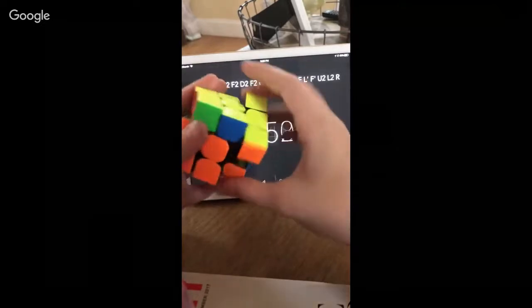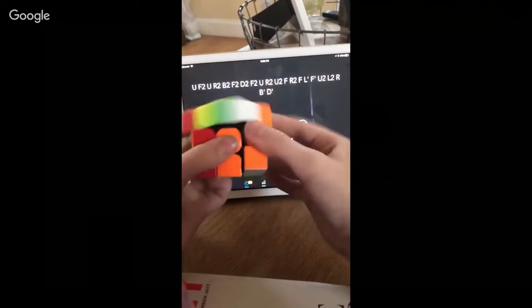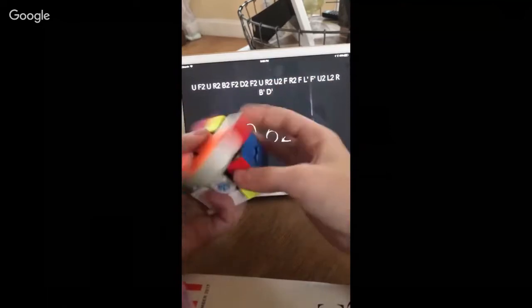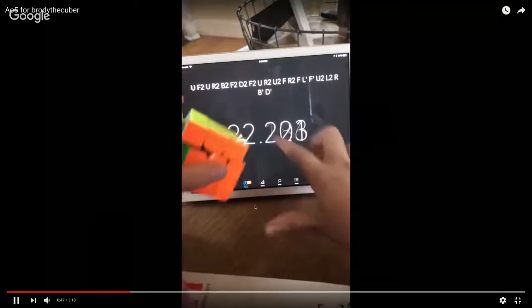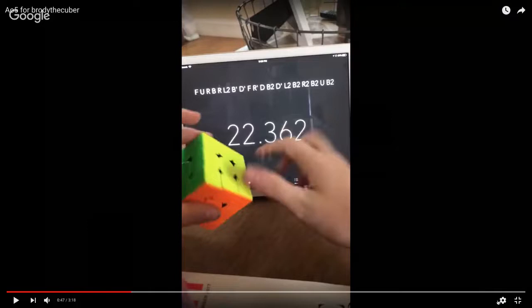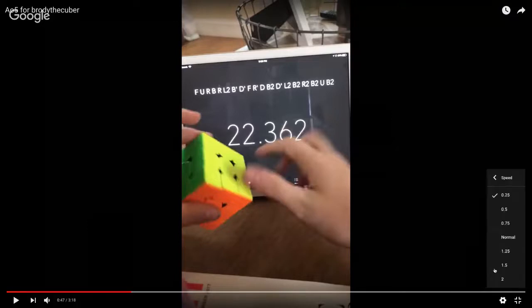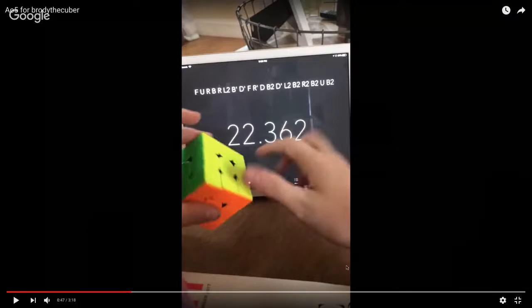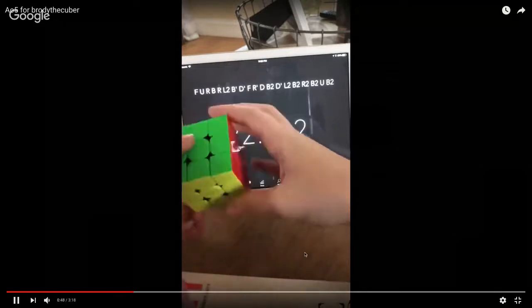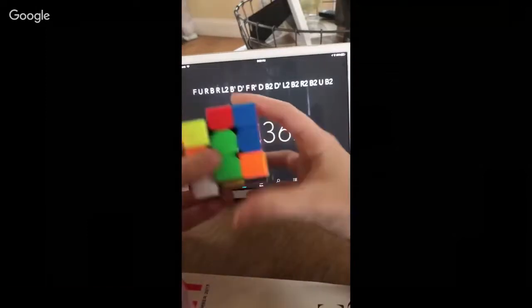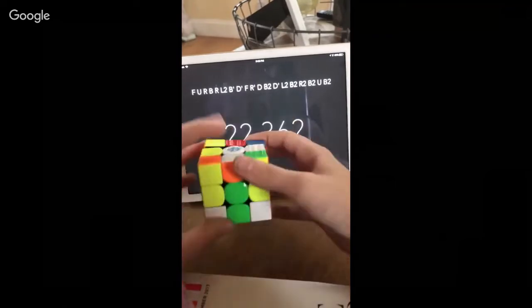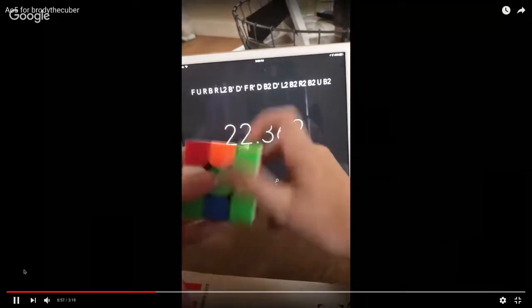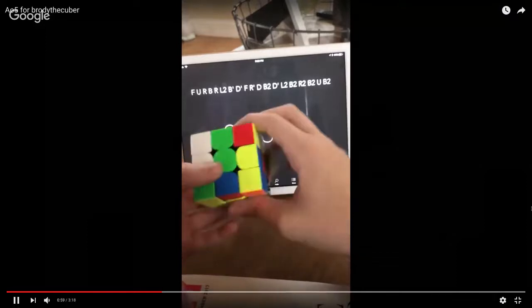A few extra U moves there, but it's not too bad. So overall, your efficiency is pretty good. It's just some of the extra cube rotating that's holding you back. So that was solve number 1.